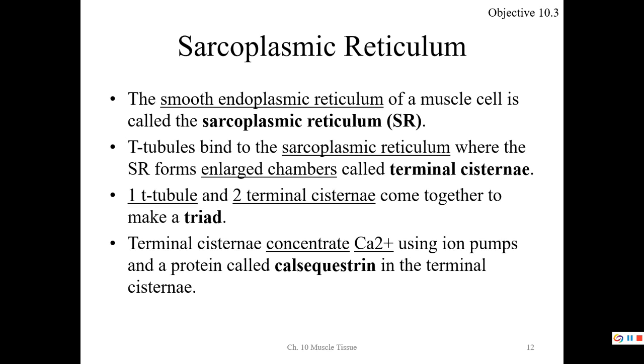The guard is called calsequestrin. The ion pumps are like the cops, arresting the calcium and putting it in prison. The calsequestrin is like the guard that keeps it in the prison. The terminal cisternae is the prison, where we concentrate calcium, the prisoners.